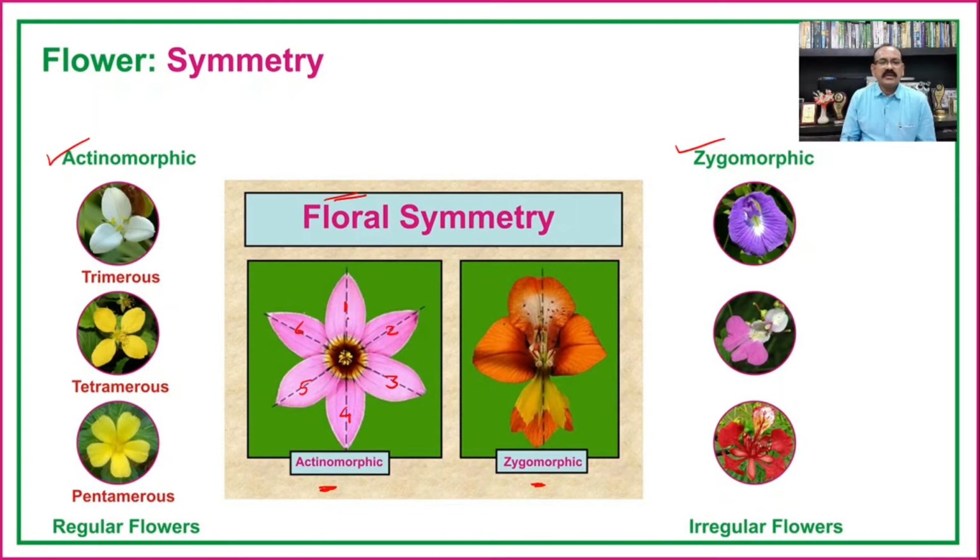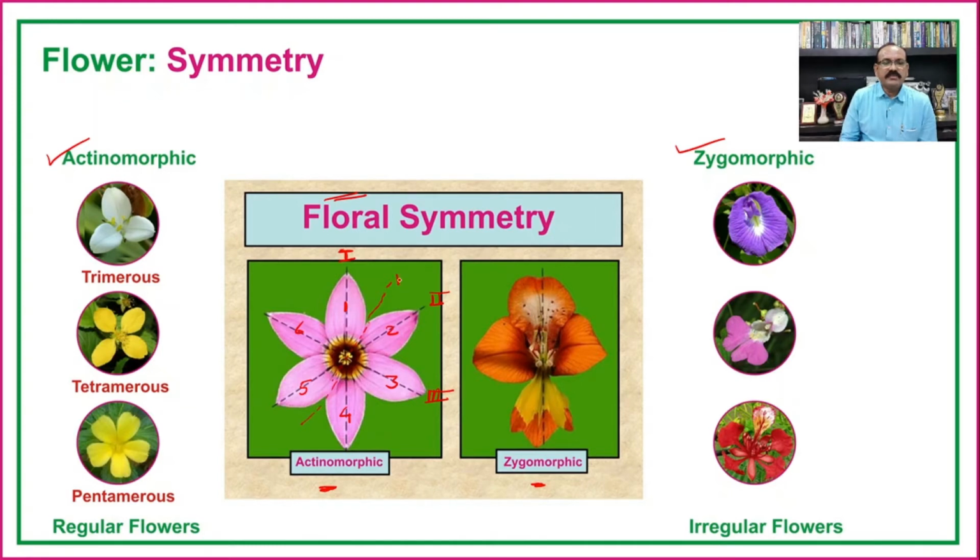So if we look, this is the first plane, this is the second plane and this is the third plane, through which we can divide this flower into two equal parts. In addition to that, there are some other planes also.